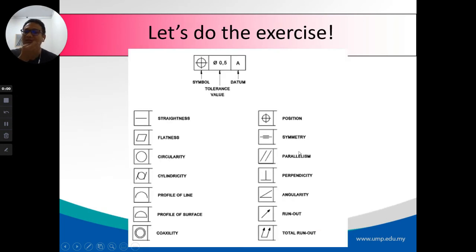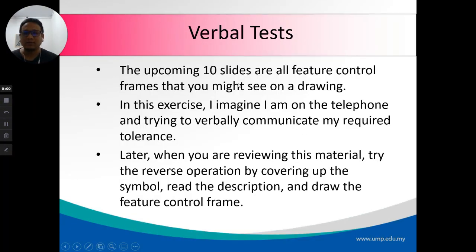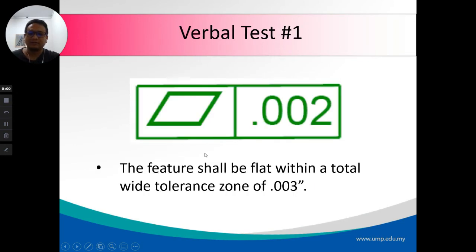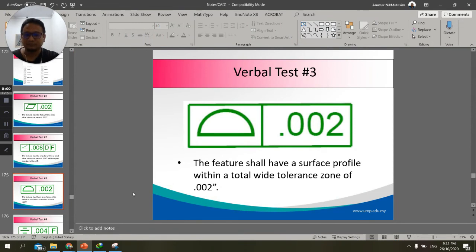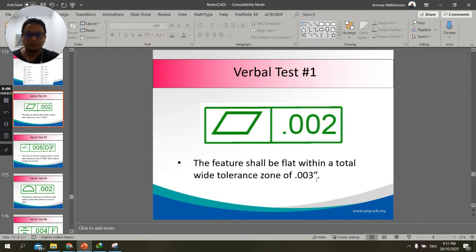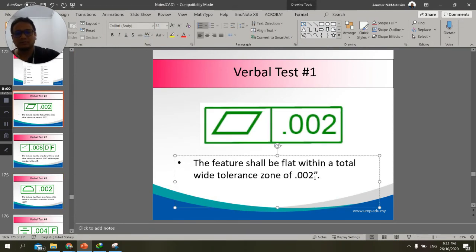So let's do this exercise. Let's remember this one. You have straightness, symbol, tolerance, and a datum. If you want flat, this is flat, with a total wide tolerance of 0.03. This is not 0.2, right? This is 0.03, 0.02.